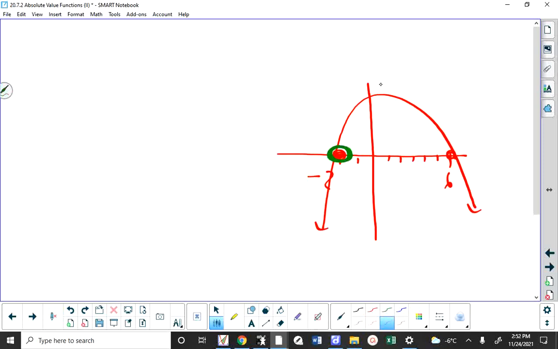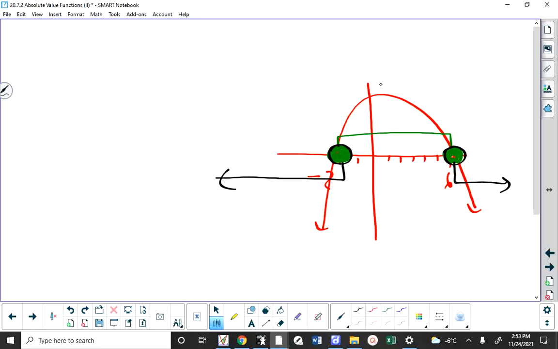They are not needed from here up to and including here, because the graph is already above the x-axis or on the x-axis. Where are the absolute value signs needed? They are needed here and to the left and here and to the right, because that's where, x-wise, y is negative. That's the tricky thing.